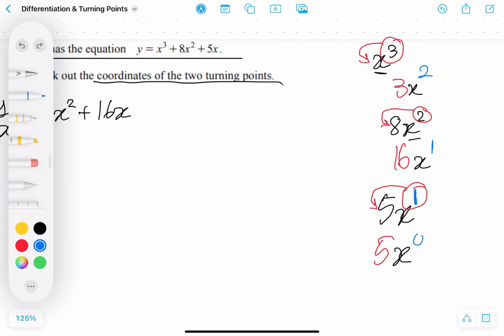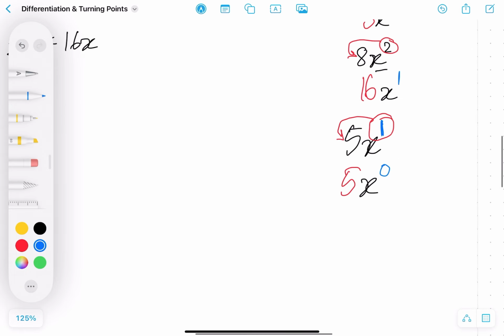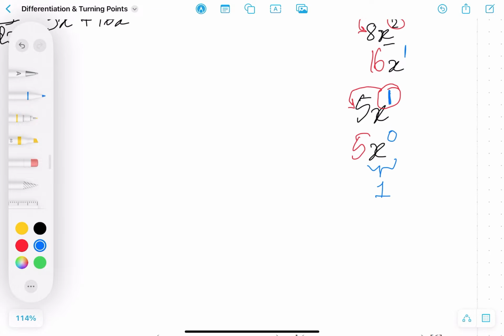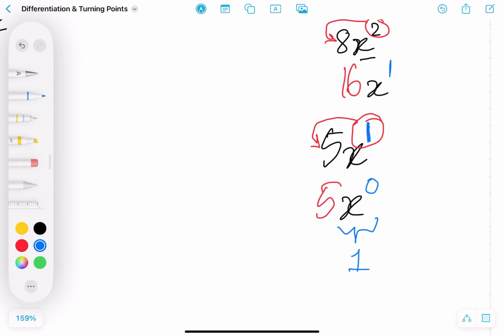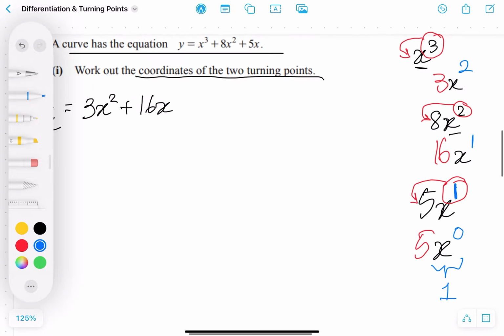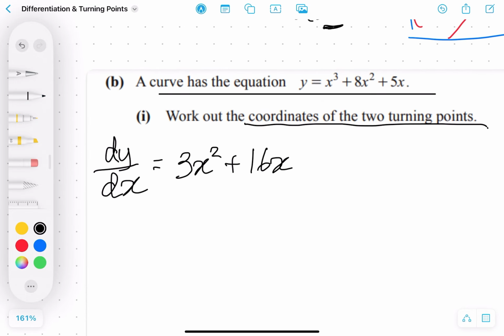So we get 5x to the power of 0. But we know that x to the power of 0 is equal to 1, because anything to the power of 0 is equal to 1. So therefore 5x to the power of 0 can just be rewritten as 5. So therefore the final term is plus 5.